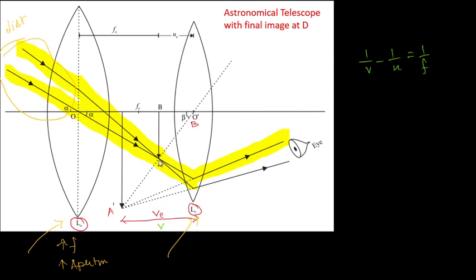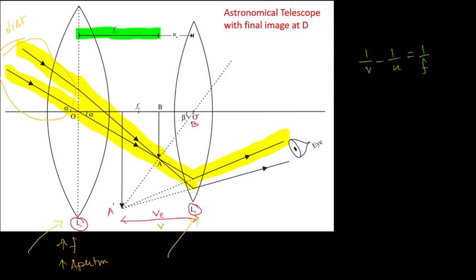So that is the point of intersection, and that is nothing but the focal length of the objective lens, FO. So the image falls here.